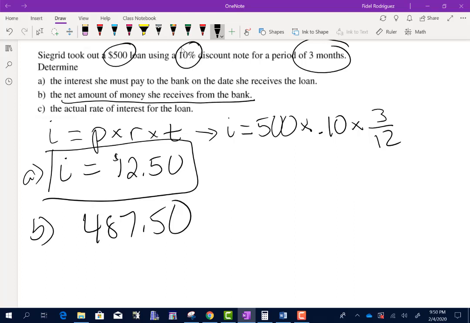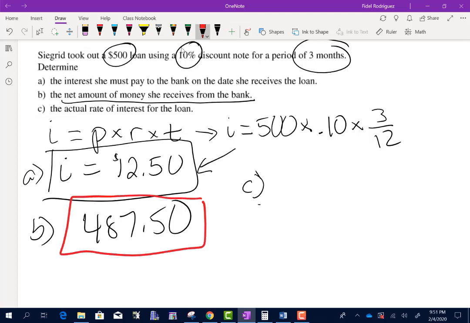Now, the next part asks: what's the actual rate of the interest loan? What they mean by the actual rate is she paid them $12.50, but the amount of money she actually collected was $487.50.